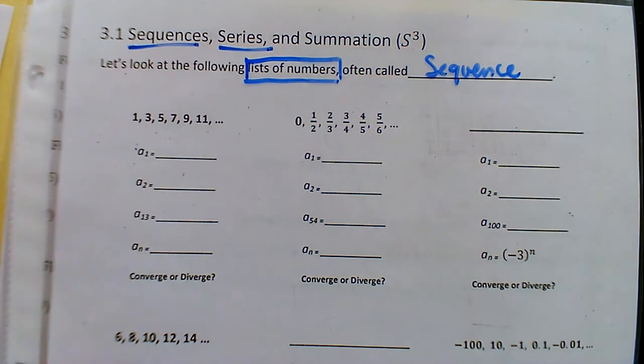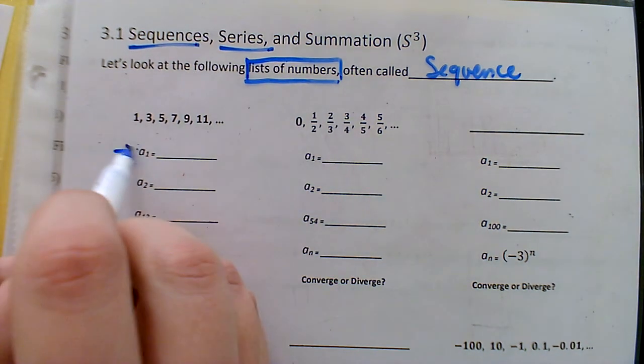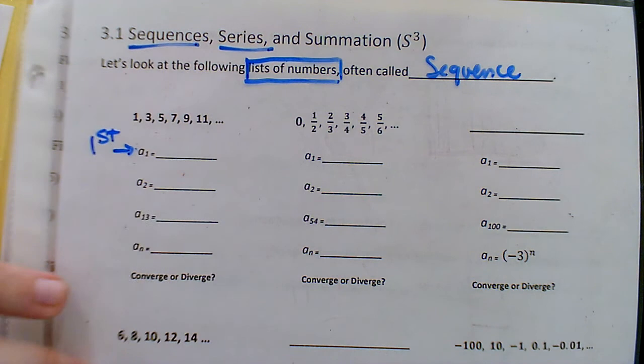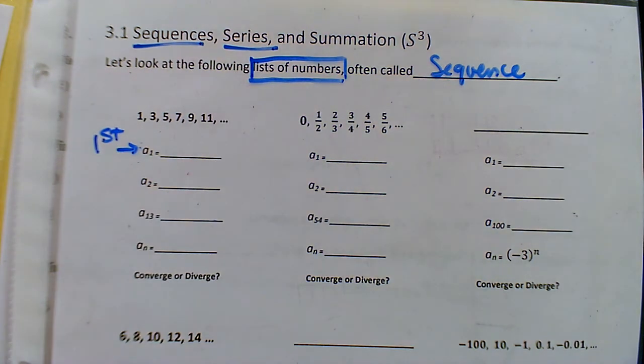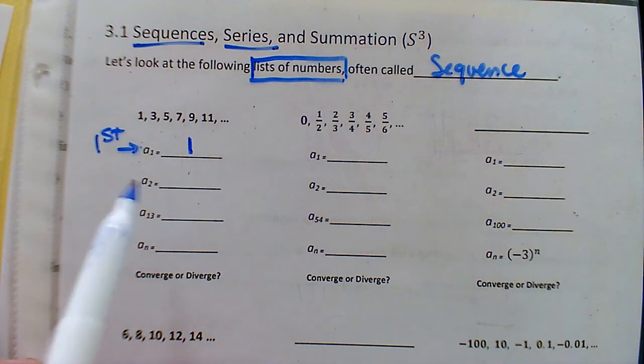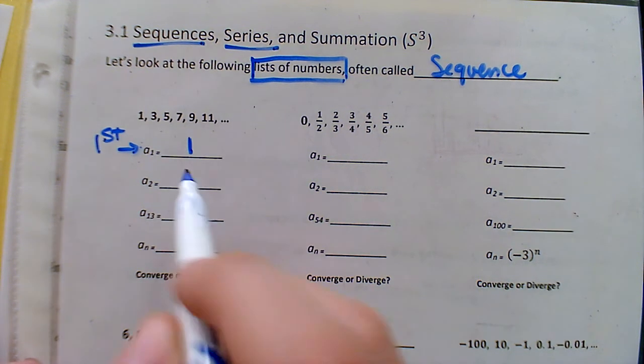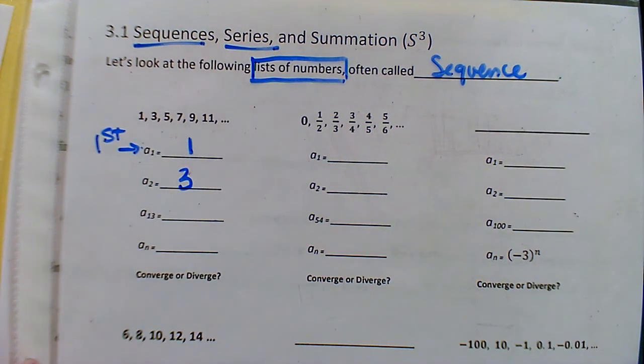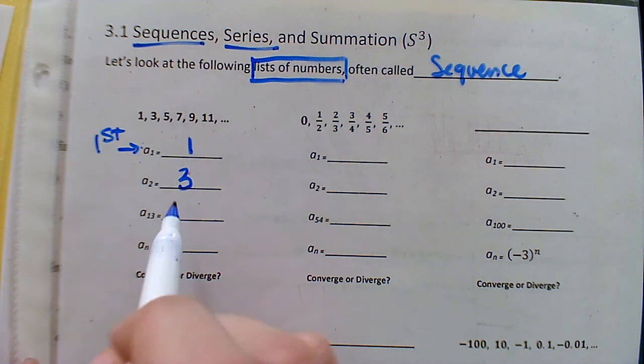This a sub 1 is signifying the first term. So based off that sequence, what's the first term? The first number listed? 1. We have 1. What about the second number listed? 3. What about the 13th number that would be listed? 27. Close. 25.